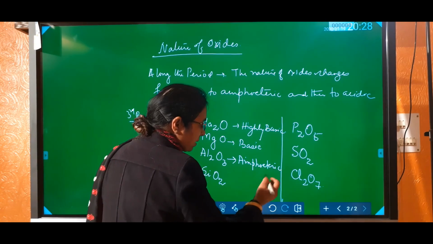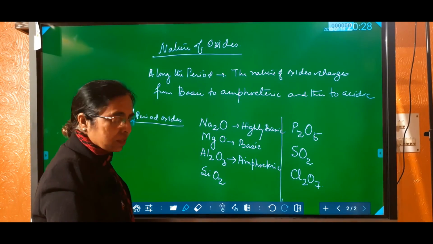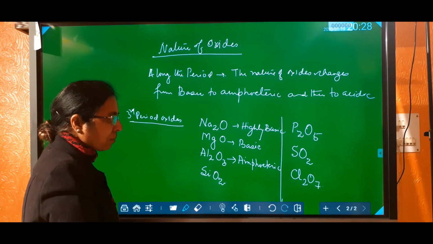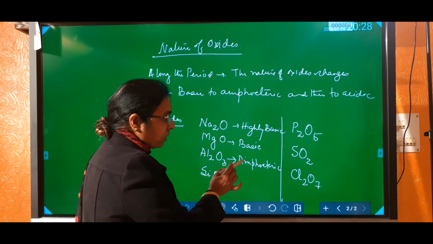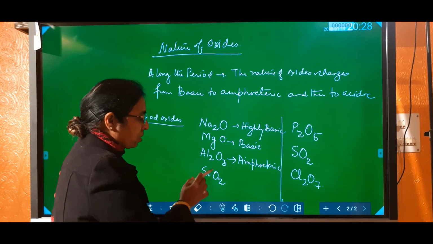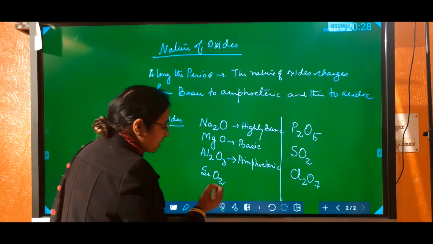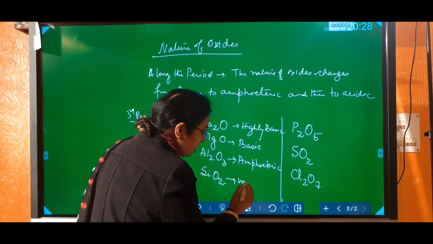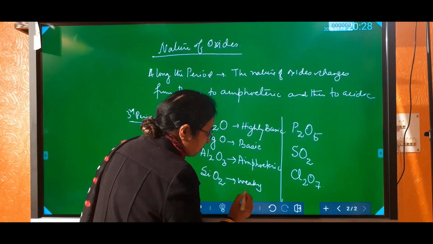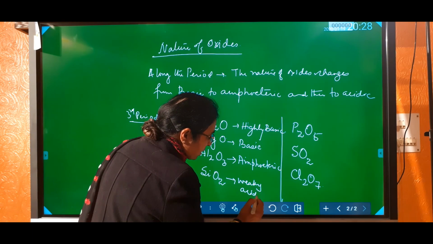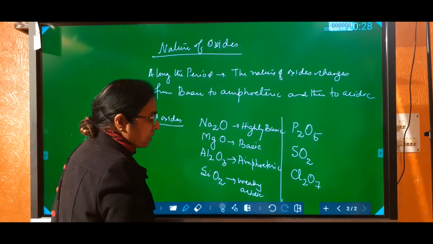As we must have seen in the acids and bases chapter and even in the metals chapter, it will react with acids as well as with bases. SiO2 is weakly acidic.